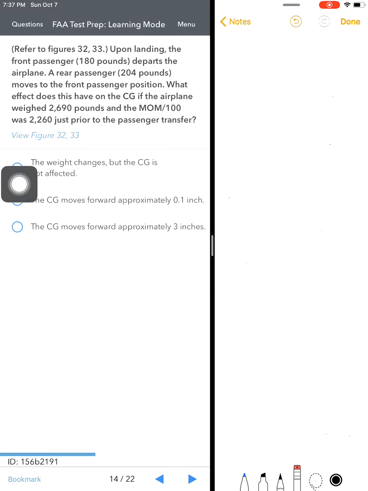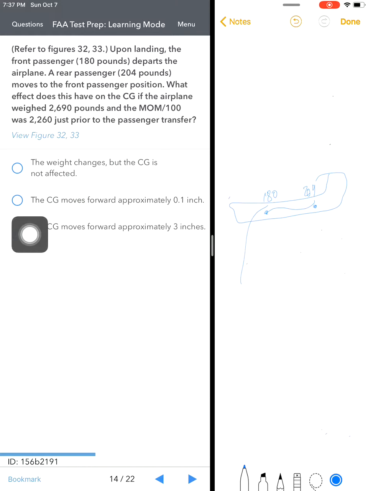So basically, the airplane landed, and at the gate, the one fat guy got off. The 180-pound guy got off the plane, and then the heavier guy moved to the front to eat a lot of meals, and messed up all the CG, and the pilot is now wondering what's going on.